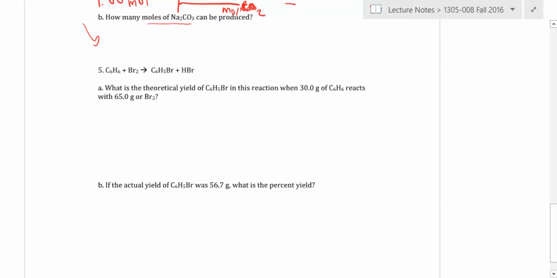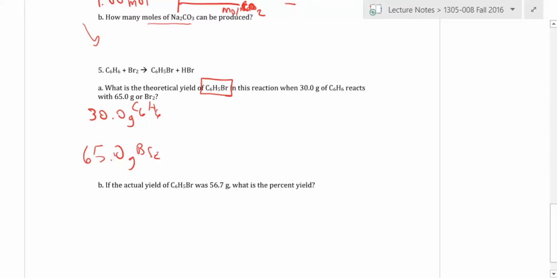So the way we do that is we start with our 30.0 grams of C6H6 and convert it to grams of C6H5Br.